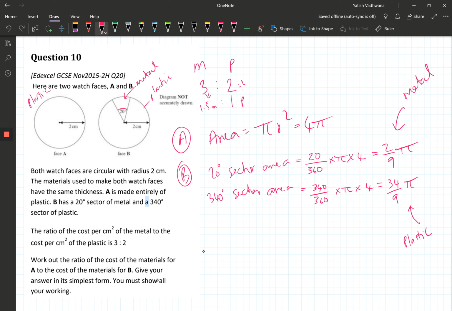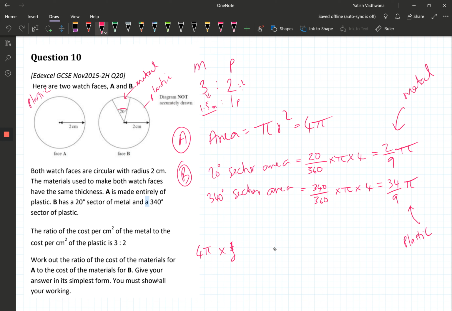So the area here is going to be 4 pi. Let's just decide that the plastic costs £1 per meter squared and the metal costs £1.50 per meter squared. So that would mean that watch A is going to be 4 pi times, because it's all plastic, just going to be one pound.